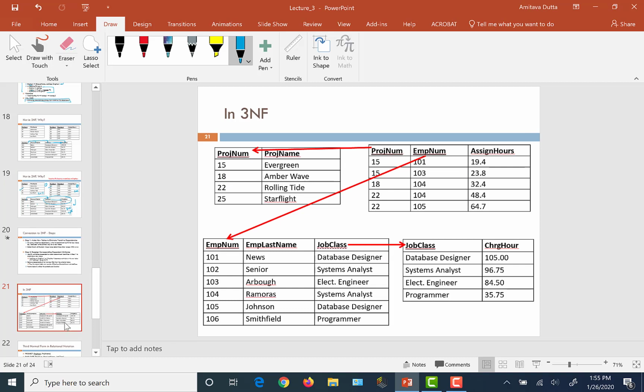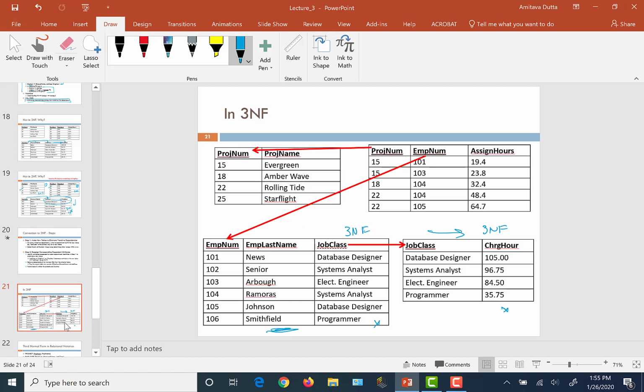Do you see over here, we have taken job class and hourly charge and pulled it out into a fresh table and left the rest of the employee table over here. So the employee table has now been broken up into 2 tables, and now you can see that each of these is in third normal form. There are no transitive dependencies either in this table or in this table.